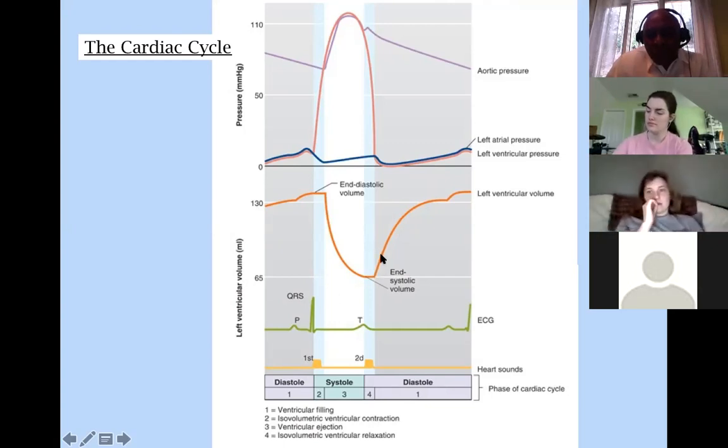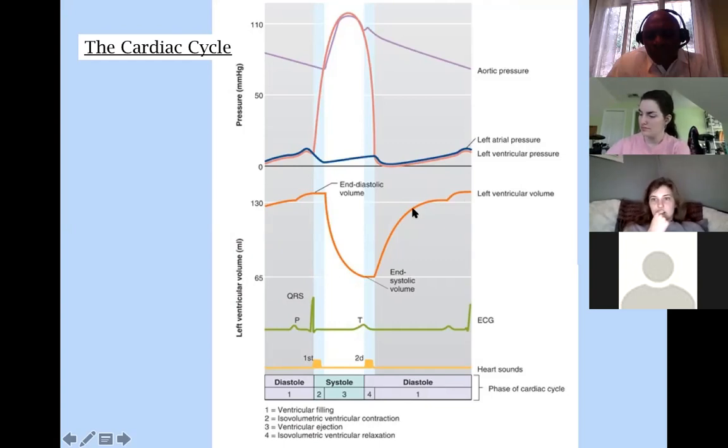So what exactly is the volume? This is 80% full. It's 130 mils. 130 mils when it's 80% full, and then you have this extra volume going to 135. So this is 135 when it's full.